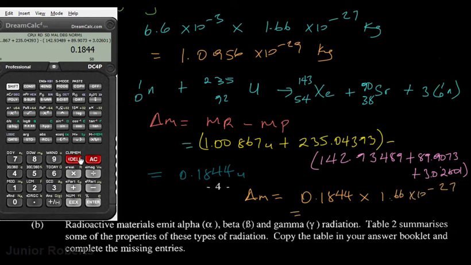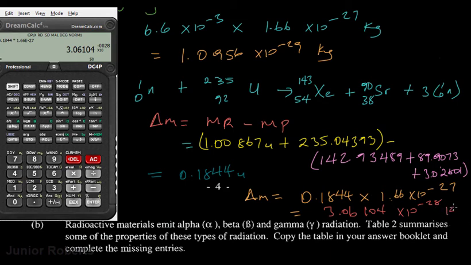So when we do this, multiplied by 1.66 expressed to the minus 27, we get 3.06104, so we can write it as 3.06104 times 10 to the minus 28. In this case, it is going to be kilograms.